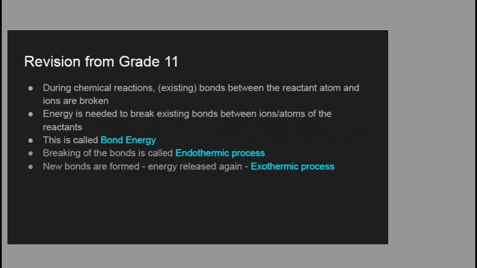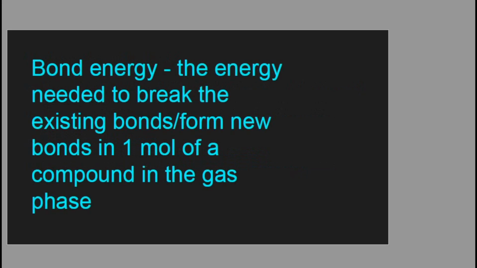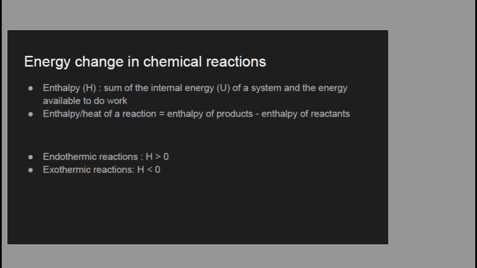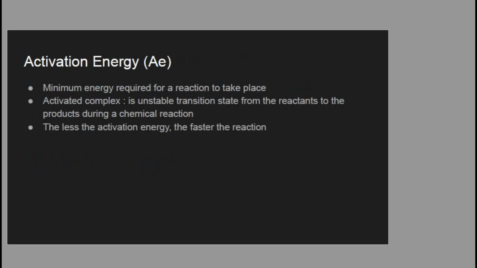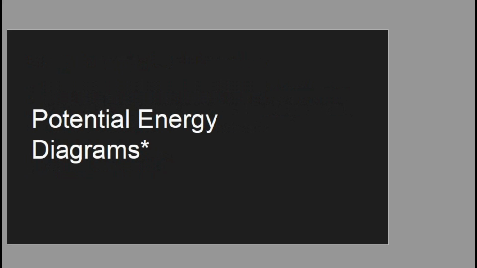So just a bit of recap from last week. We went through a bit of revision, looked at a bunch of definitions such as bond energy and endo and exothermic processes. We took down a lot of theory, went over some enthalpy, went over what activation energy was. We looked at potential energy diagrams, which were drawn.